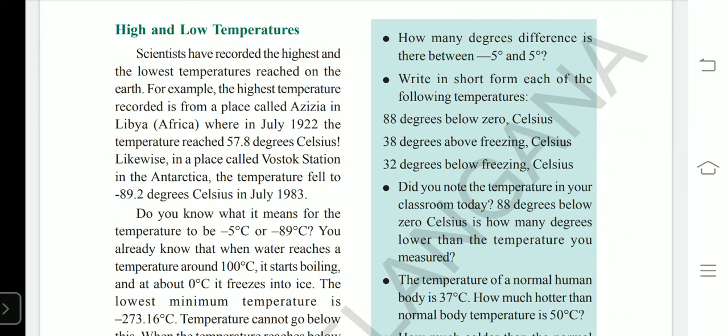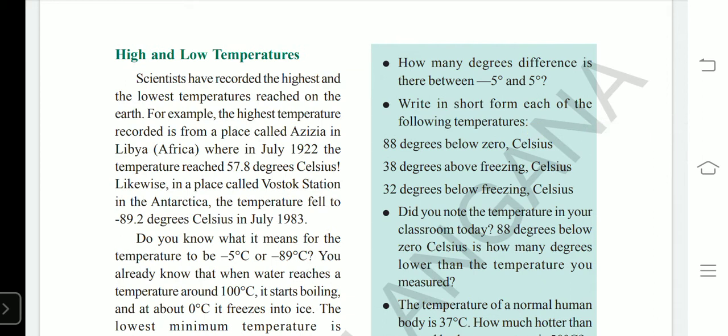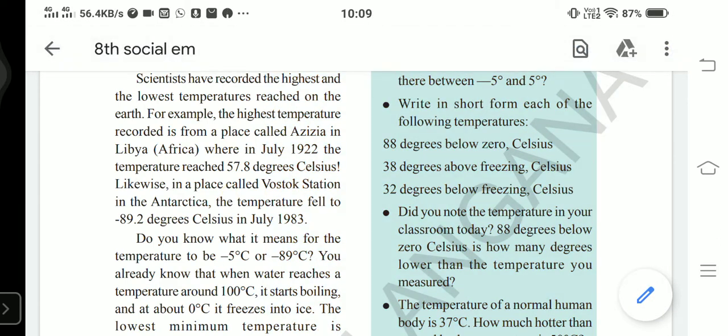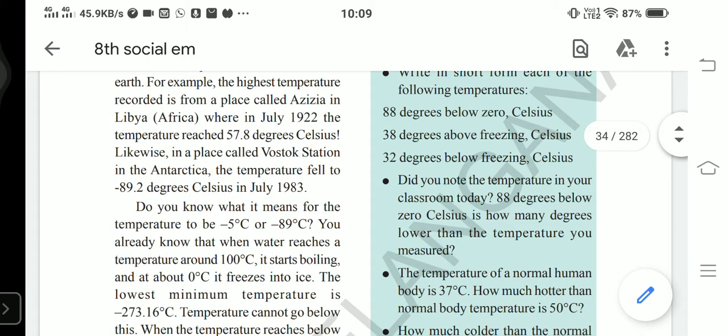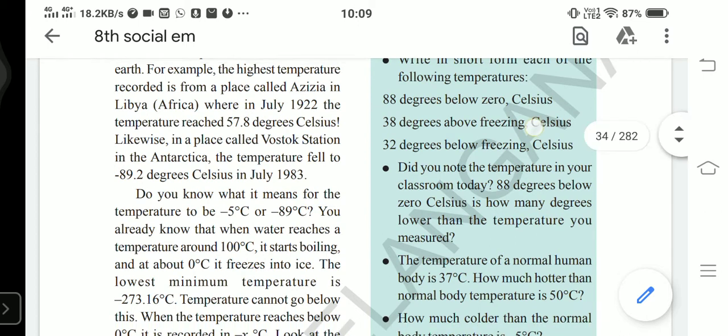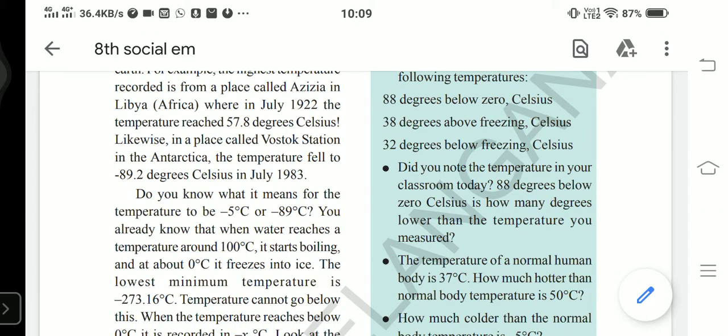This is confirmed by evidence recorded by scientists: the maximum temperature recorded at Azizia, 57.8 degrees Celsius, and the minimum temperature recorded, minus 89.2 degrees Celsius, in Antarctica at Vostok Station in 1983. So this is an example to say the temperature is not the same, right?